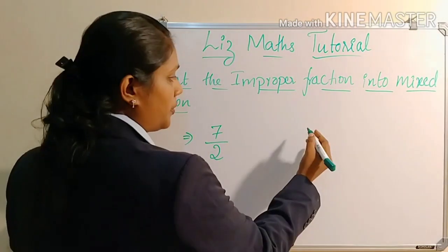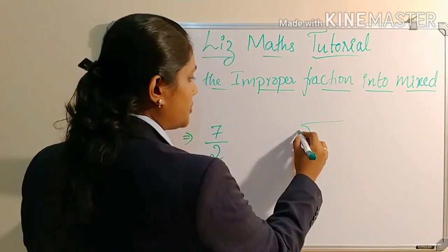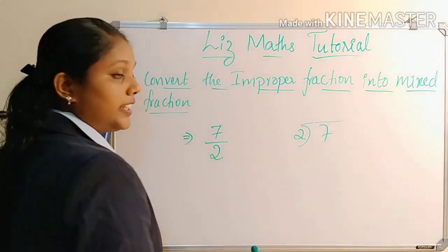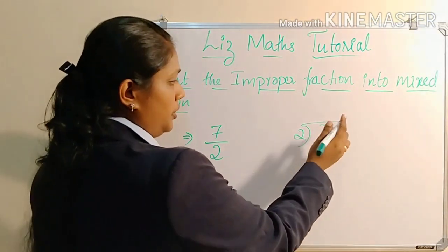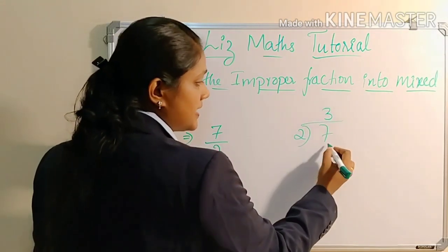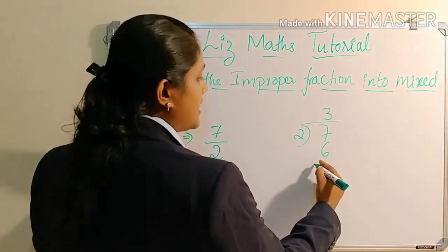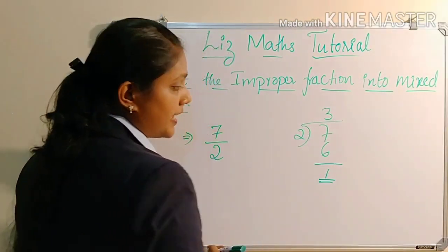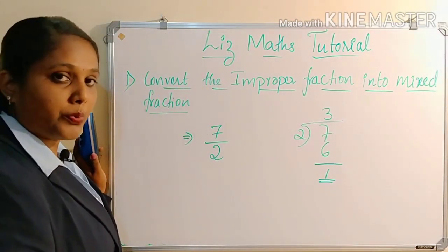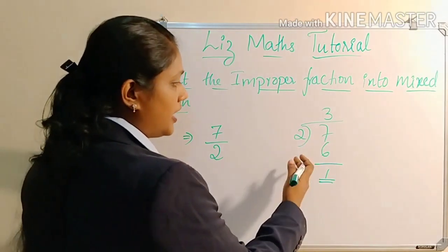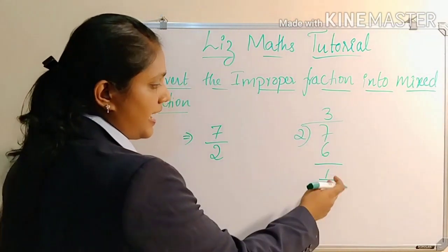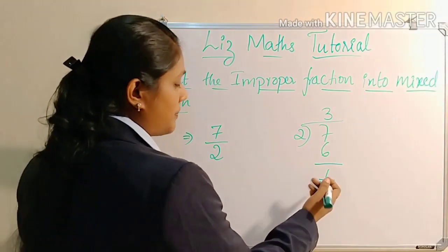Here you know how to divide this. So 2 divides 7. See in the table of 2, 2 3s are 6. Near to the 7 number, we have to take 2 3s are 6. And what is the remainder? It is 1. Hope you understood. This is a division. 2 3s are 6 and 1 is the remainder here.